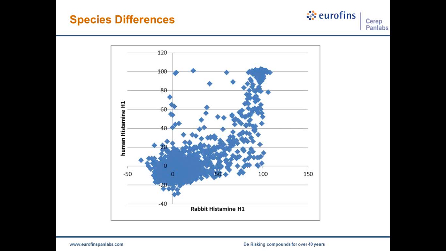And if these two receptors, one in each species, correlated perfectly, you would see a very nice line going from 0 out at a 45-degree angle. But you do not see that in this graph here. You see that there are some pretty big differences between the rabbit histamine H1 and the human histamine H1. Other receptors across species line up much better than this, but this is a case where it doesn't.